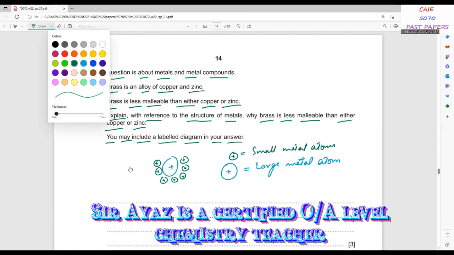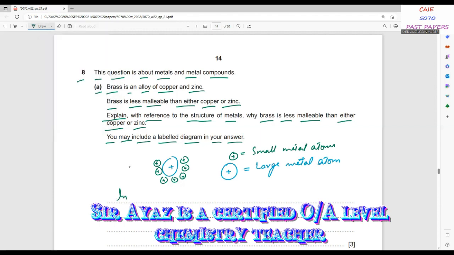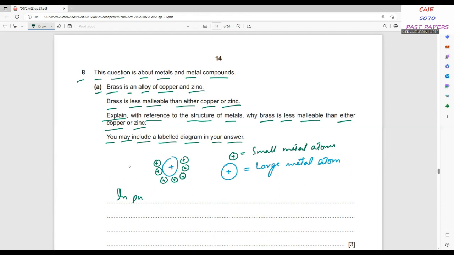So what will you write in the answer? You have to compare with the pure metal. In pure metals, the atoms or ions slide or slip over one another.